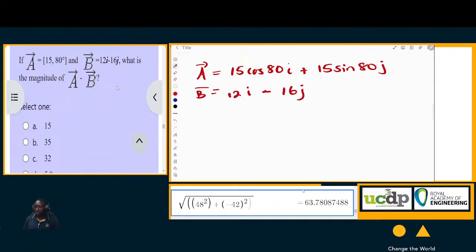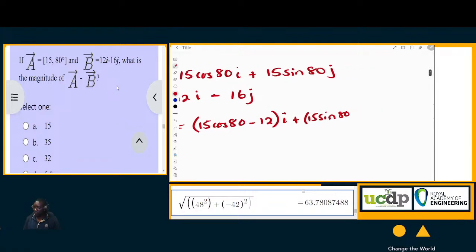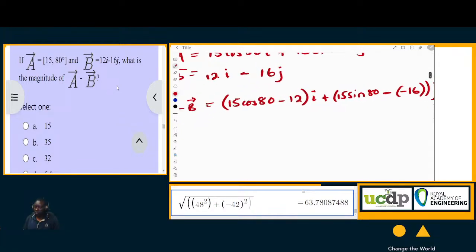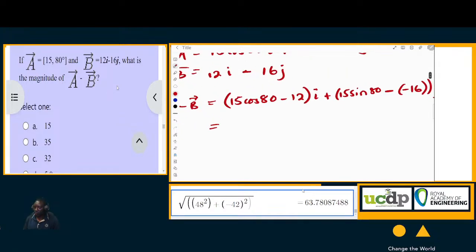So A minus B, vector A minus vector B will be equal to 15 cos 80 minus 12 i plus 15 sine 80 minus 16 for the j. And we want the magnitude again, so we have to do the modulus.